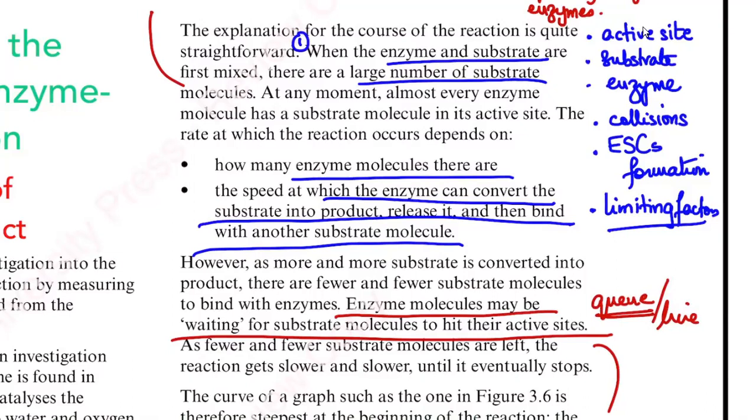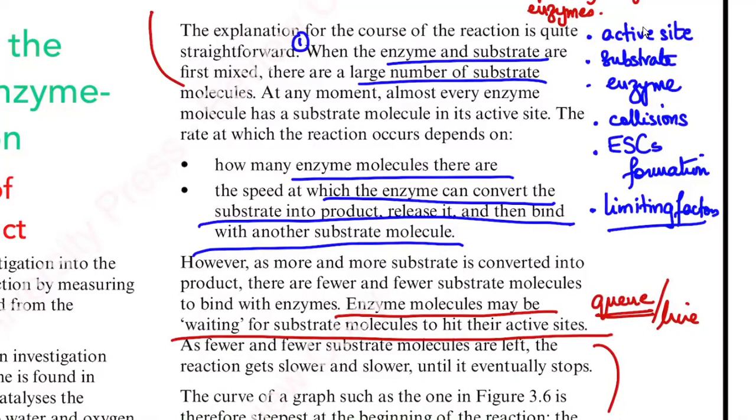So basically, miss, the rate of reaction depends on the number of enzyme molecules which are there in a solution, and then the speed of the enzyme. So initially, when the substrate molecules are added, the concentration of the substance is very high, which is why the rate of reaction is initially also very high, because all the active sites of the enzymes are occupied.